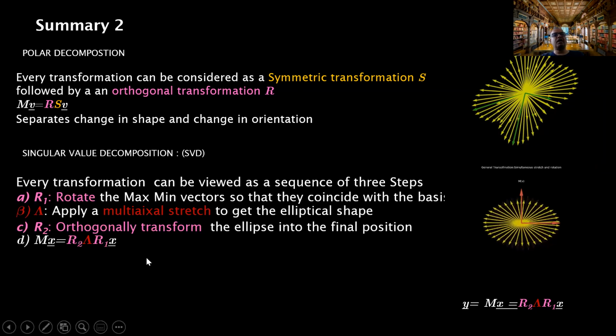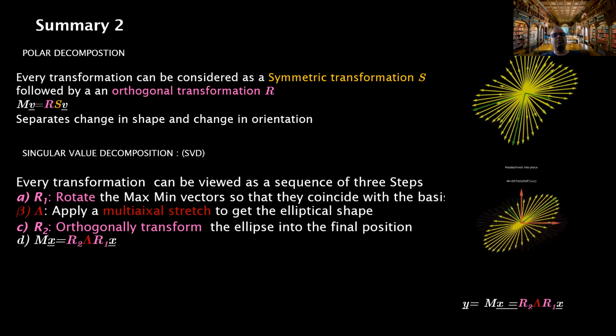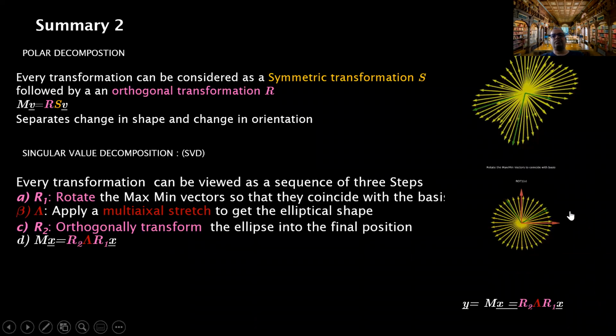Every transformation can be viewed as a sequence of 3 steps. Rotate the min-max vectors so that they coincide with the basis. Apply a multi-axial stretch to get the elliptical shape, and then transform the ellipse into the final position. So first rotate min-max vectors, stretch them, and rotate it around.